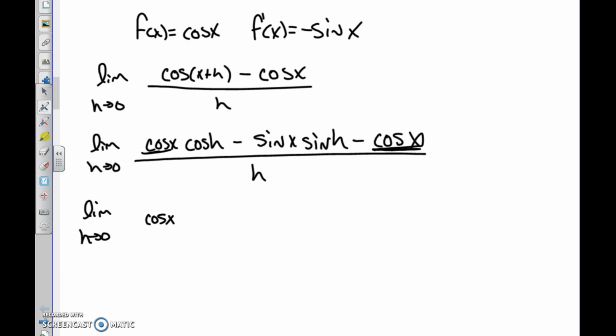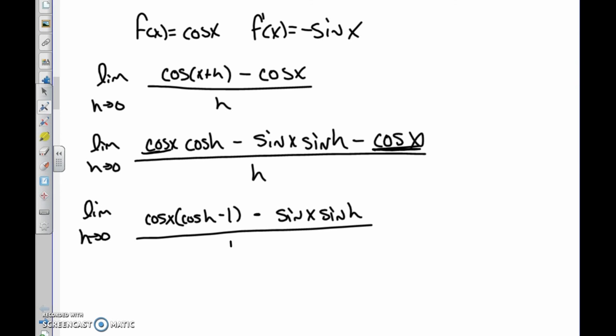There's a step I'm skipping, but I'm telling you what I'm doing. So take out the cosine of x, that's common in both terms. That leaves you with cosine of h minus the 1, and then at the other end you're still going to have the minus sine x sine h all over h.